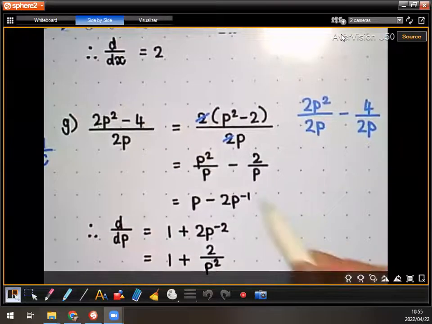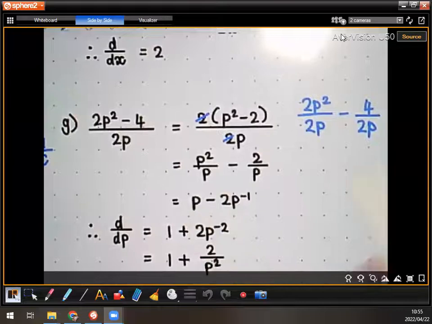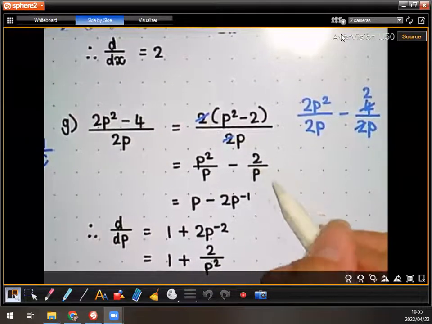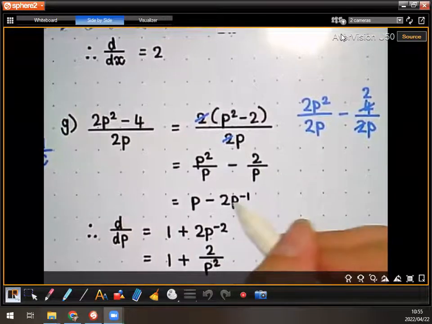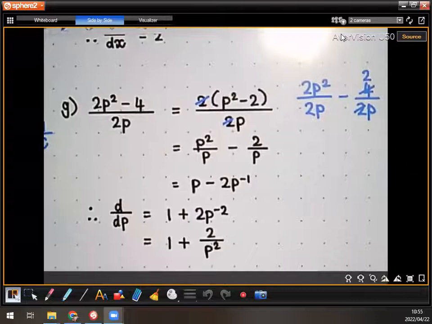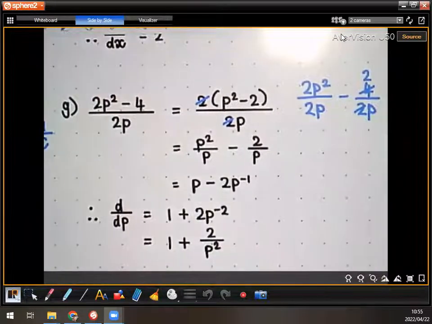You would end up with the same thing. So 2p squared divided by 2p is just p. And here you would cancel out the 4 and the 2. You would be left with 2 over p, which is what I got there. But you then just need to write that as 2p to the negative 1. I took out 2 as a common factor, and then I had to split up the fraction anyway. So it would have been quicker to just split it up from the start.